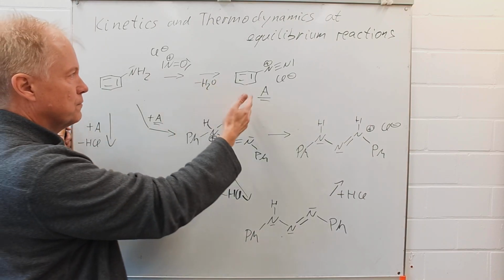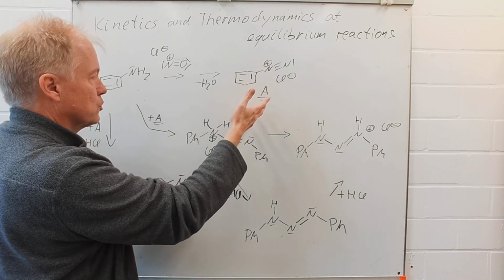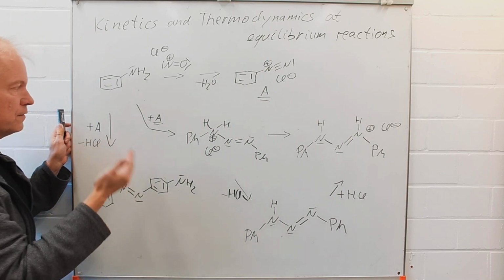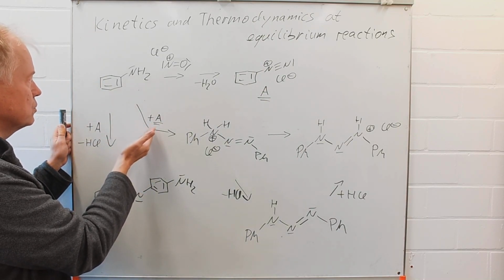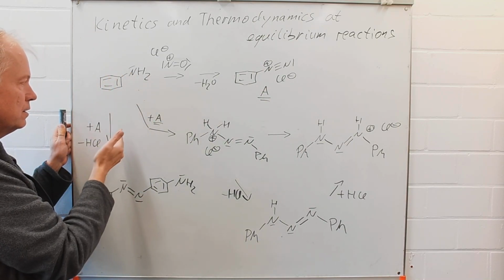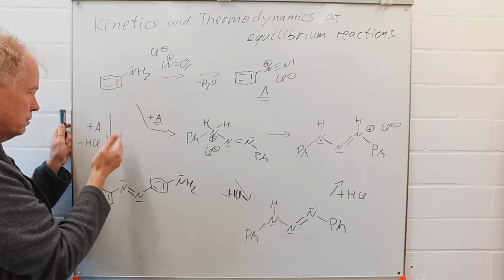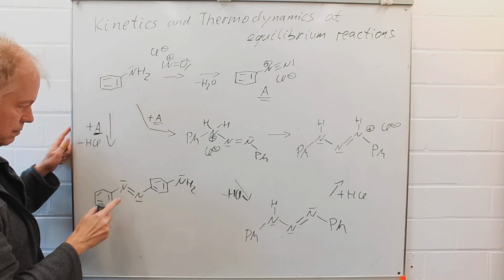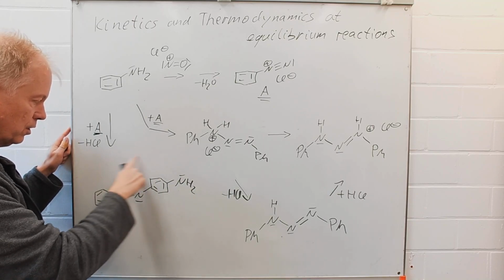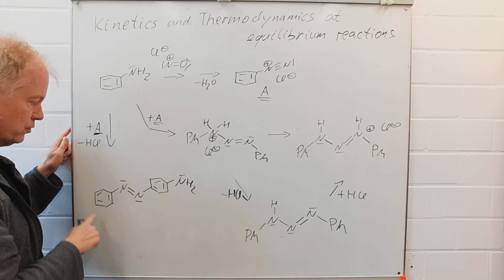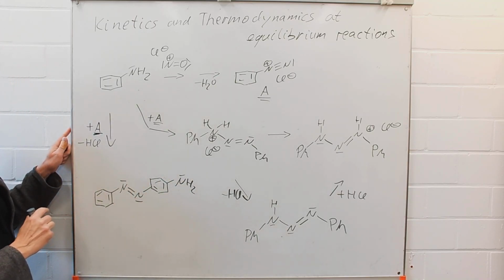So, with the diazonium salt in hand, we then can try the reaction with aniline in order to achieve the formation of the azo-coupling product.